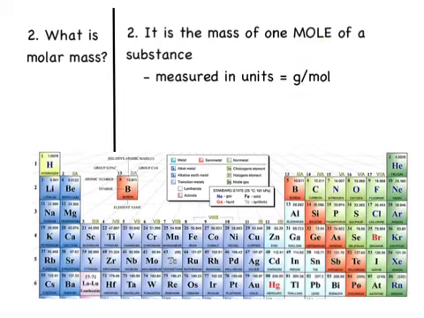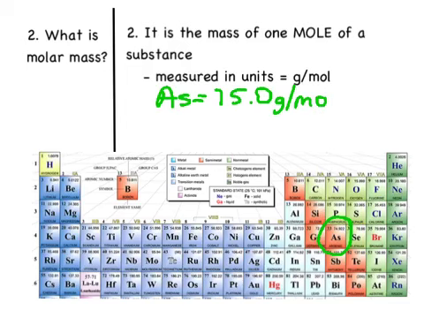Let's say we wanted to figure out the molar mass of arsenic, As. So we take a look at the periodic table. Here's arsenic. If we look at the decimal number, it's 74.9. So we can say that arsenic's molar mass is, well, we'll round it, 75.0 grams per mole.